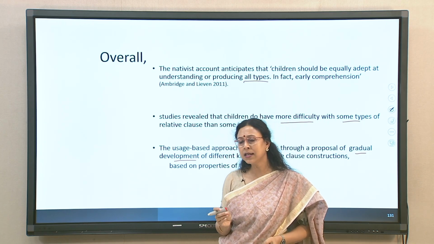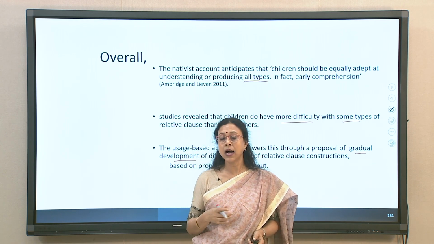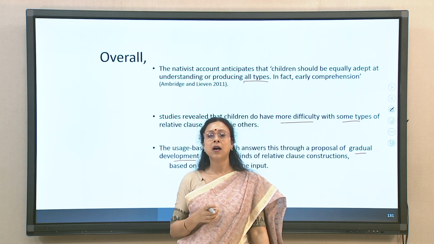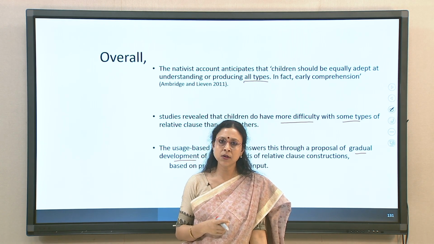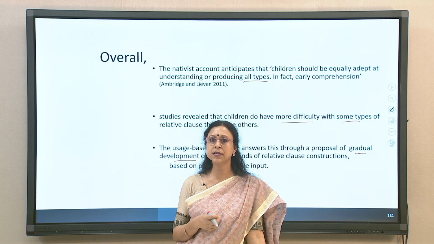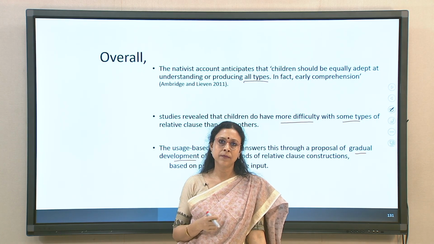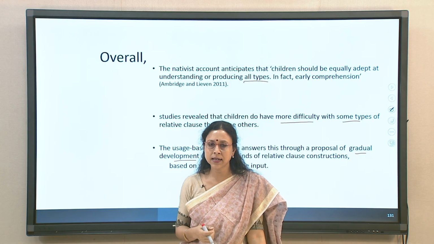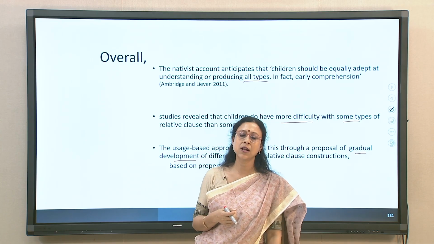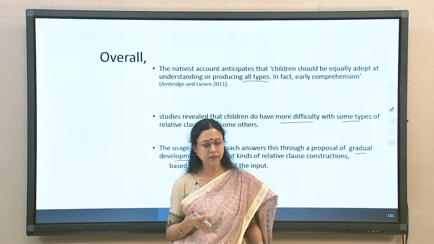But largely, the larger amount of data typically shows that children are actually capable of comprehending and producing many of these complex structures. Of course, there are contradictory examples, but at the same time we do have a lot of data from various groups showing that children do master various complex constructions pretty early.